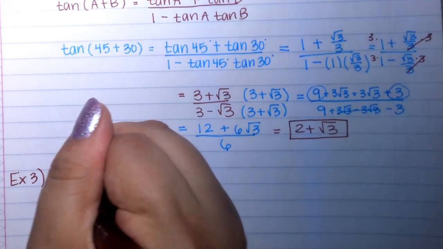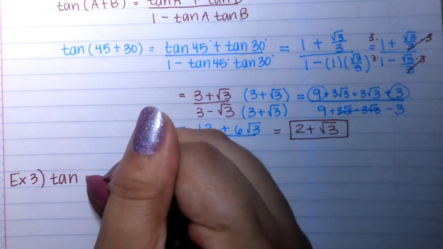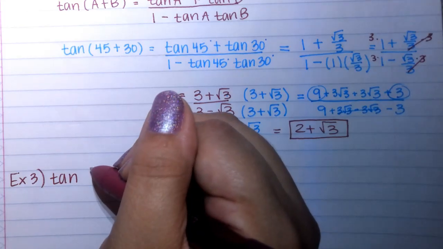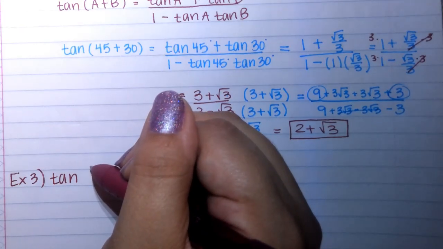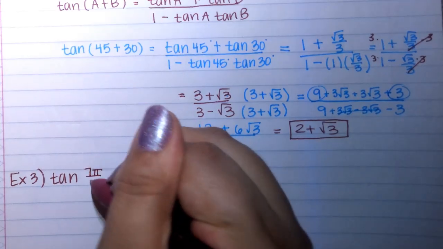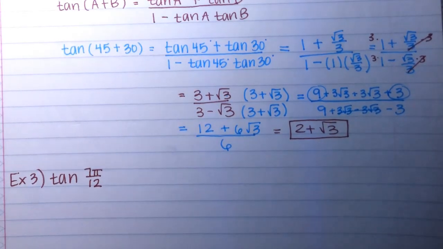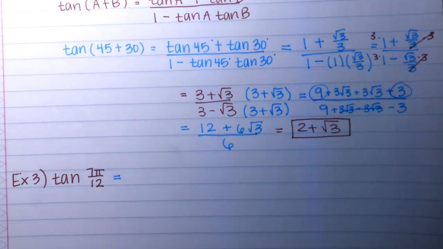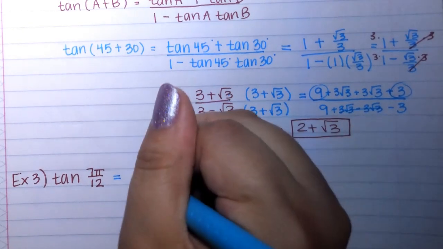What if I wanted to find the tangent of 7 pi over 12? What could I do? 4 and 3.